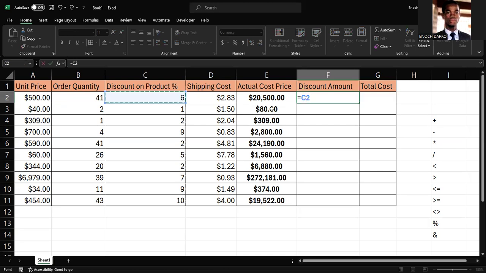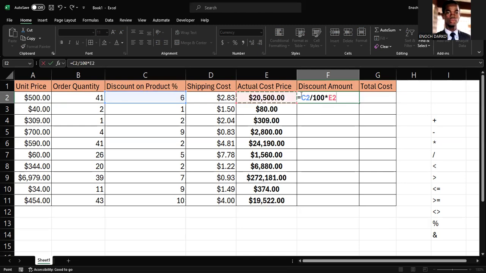So we have 6 divided by 100, all multiplied by the actual cost price.